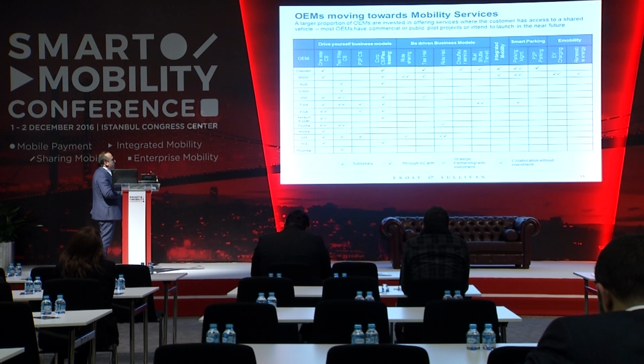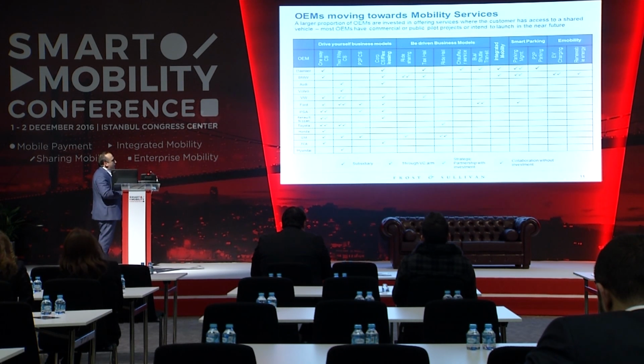So Daimler, BMW, or most of those companies are already offering the one-way car sharing services. Some of them even offer the two-way car sharing services. Also corporate car sharing or flexible leasing is an interesting topic for most of the OEMs. Apart from that, we also see that ride sharing is a key for some companies like BMW.